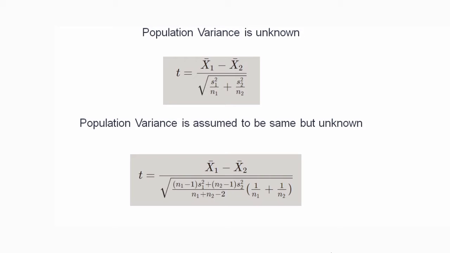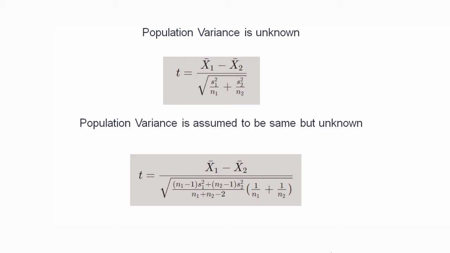When our population variance is assumed to be the same but is unknown, we have t equal to x1 bar minus x2 bar divided by the square root of, n1 minus 1 times s1 square plus n2 minus 1 times s2 square, divided by n1 plus n2 minus 2, the whole multiplied by 1 by n1 plus 1 by n2. So these are the two equations used in IST.